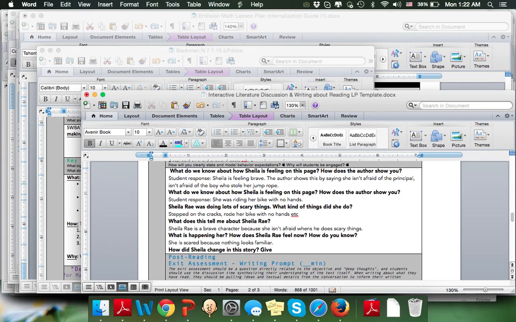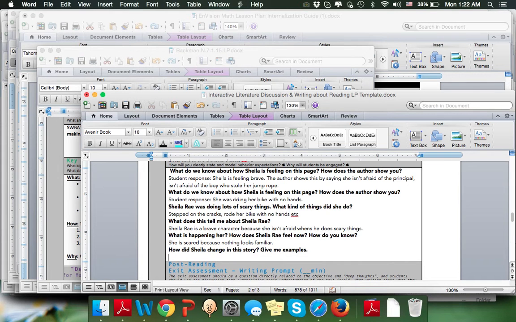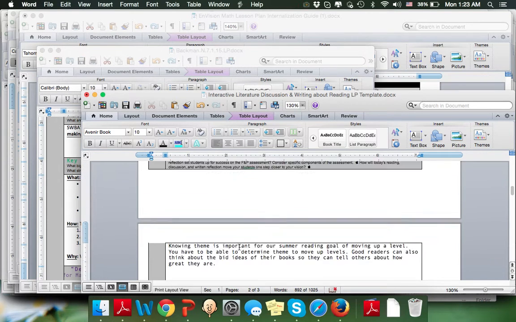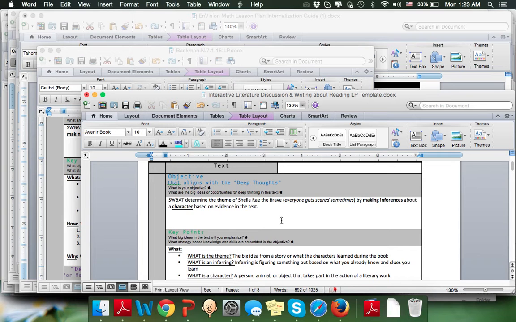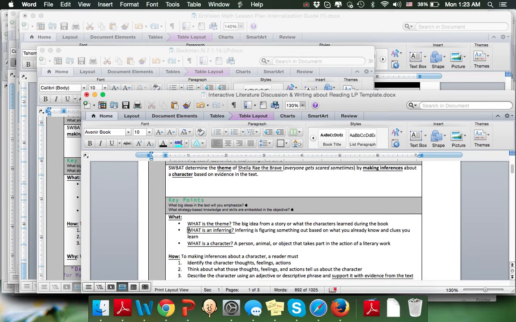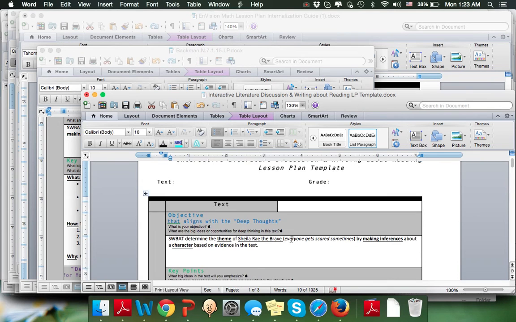And I'm going to want them to give me examples. We would talk about this still as a group. They might say that she was brave, and then she was scared when she was on her own. Again, really getting them to think about how that character's changed so they can get to that theme, but all the while using that inferencing skill about what's happening to a character and what that tells me about what they know.